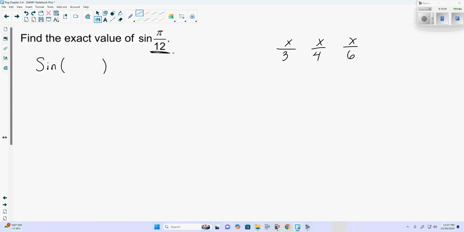So, pi over 12. I'm trying to find two angles that add together to be pi over 12 or subtract from each other to be pi over 12. Well, the denominators are always in radians either 3, 4, 6 or 1 because we have pi and 0. But for the main ones, we have these here.